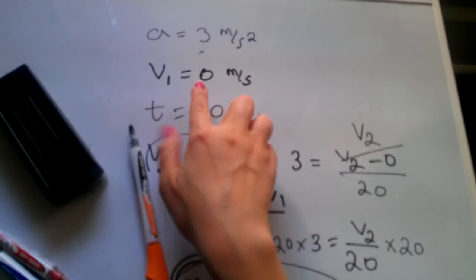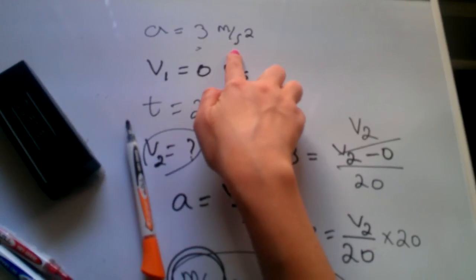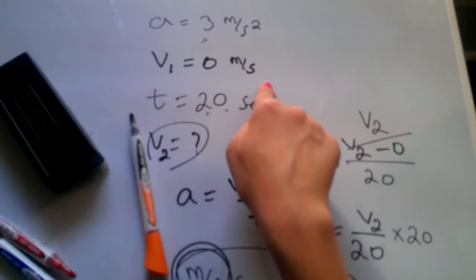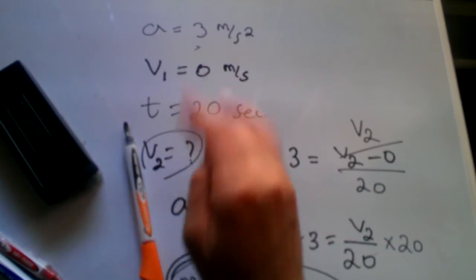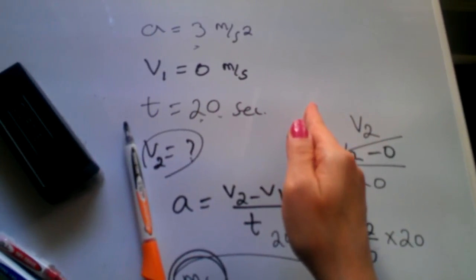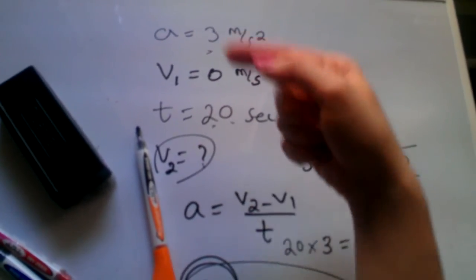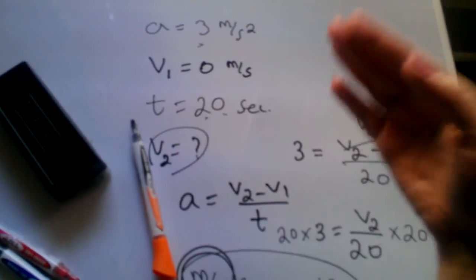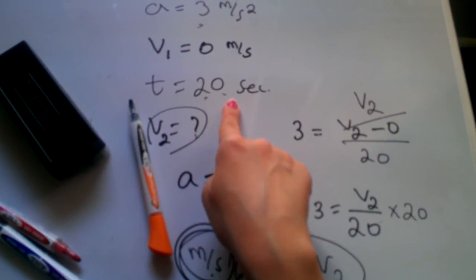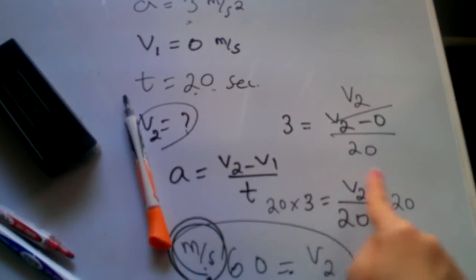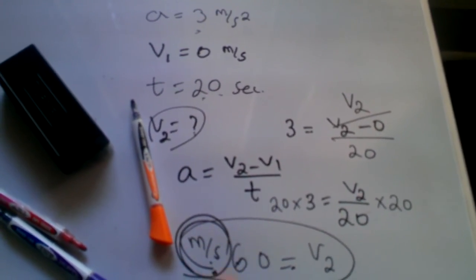So if I'm starting from rest, going with an acceleration of 3 meters per second squared, it means for the first second, my velocity is 3 meters per second. Now, the second after that, second number 2, the velocity is again increased by 3 meters per second, and we need to go on with that until we get to the 20th second. And this is how you solve the problem in regards to the formula.